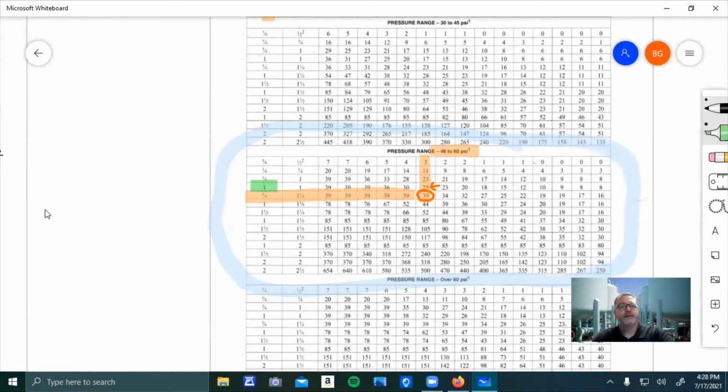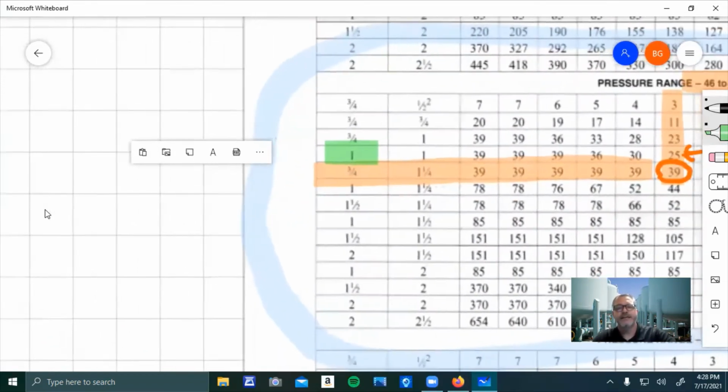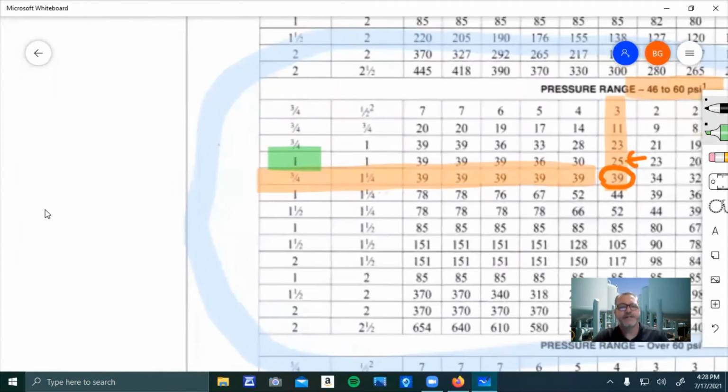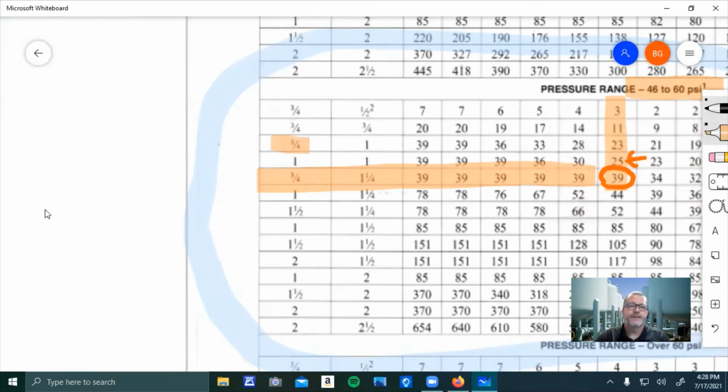We don't need that demand because that demand doesn't match up with our meter, which is 3/4. Okay. So we go back to the next one, which is a 3/4 meter, and that is for 1 inch pipe. So that gives me 23.